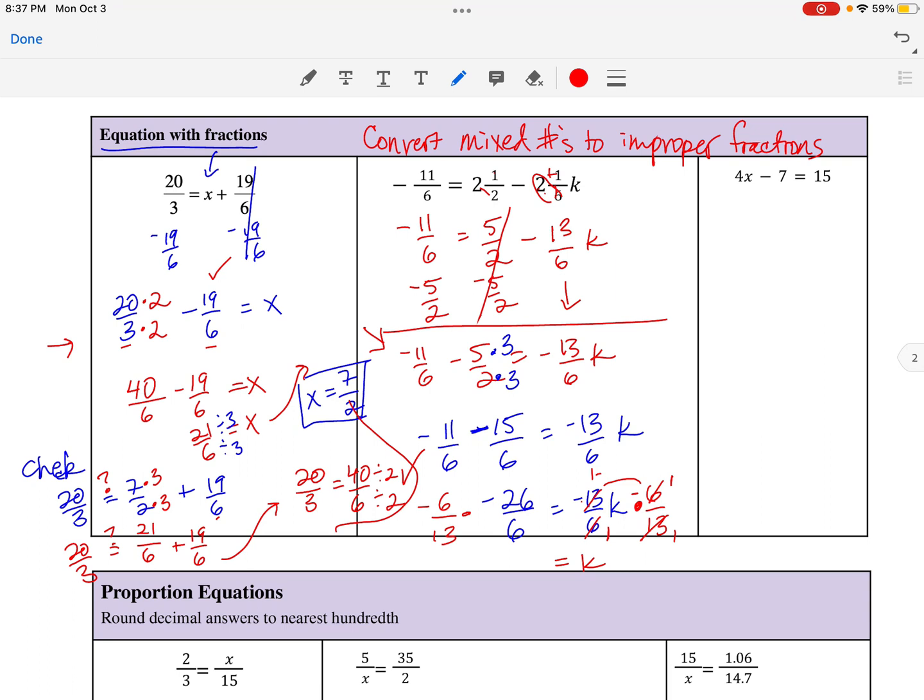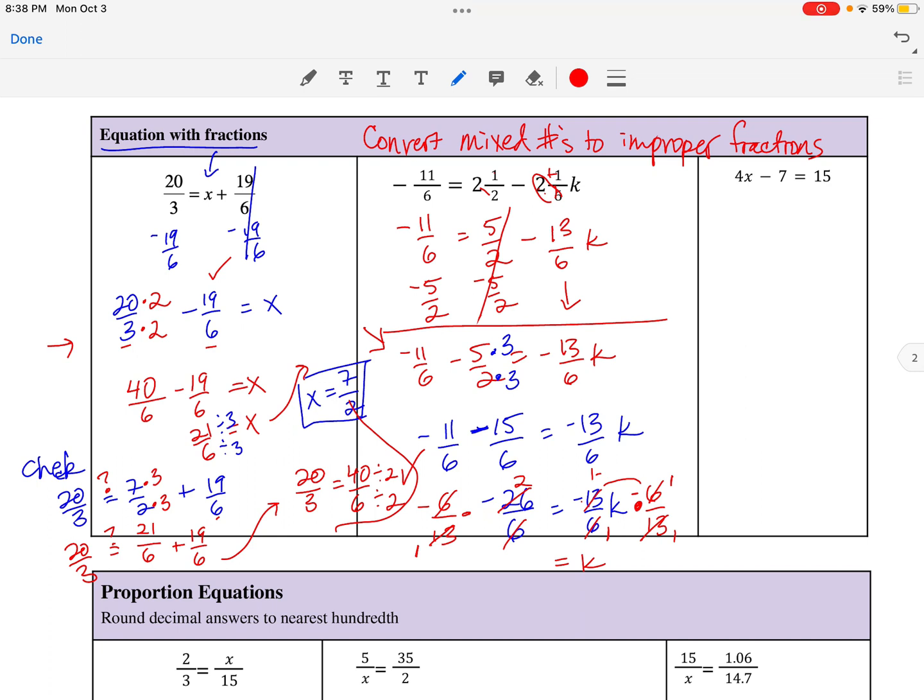Now this side, we have another fortuitous canceling here. These 6s will cancel. And then here we have 13 and negative 26. They have a common factor. They can both be divided by 13. So 13 divided by itself is 1, and 26 divided by 13 is 2.